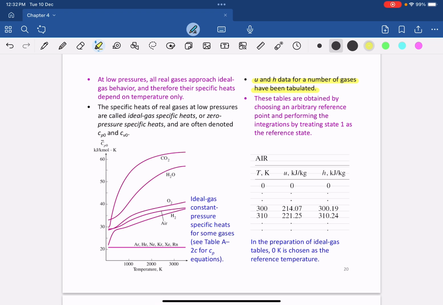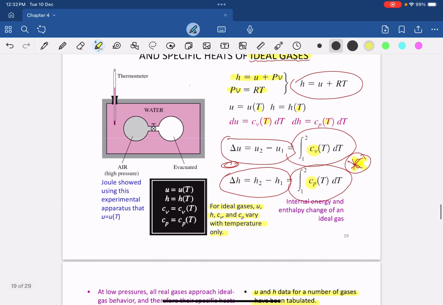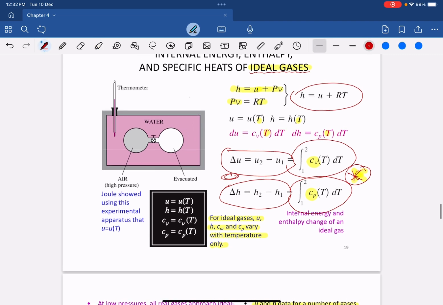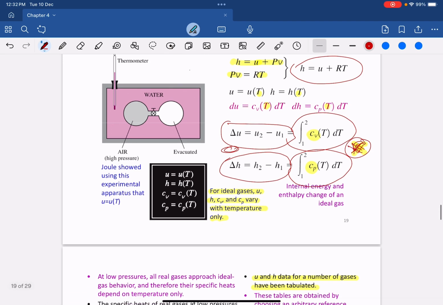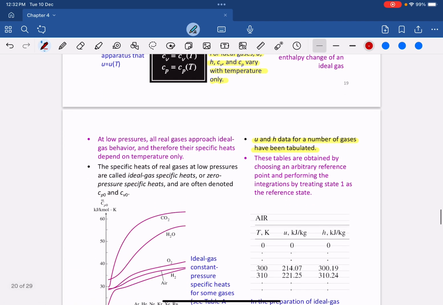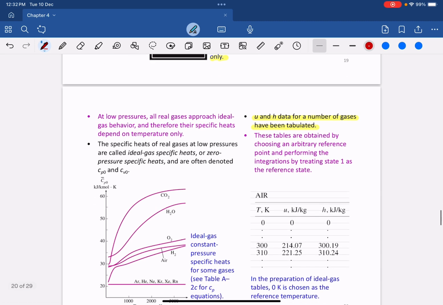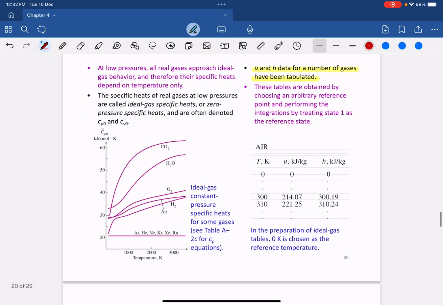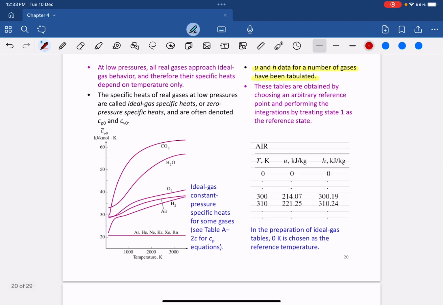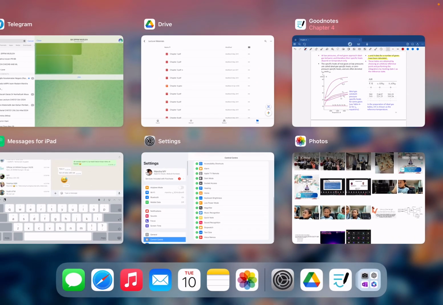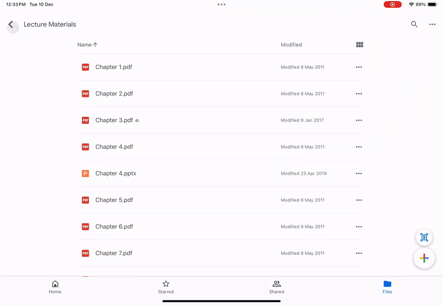This table is obtained by choosing an arbitrary reference point and performing integration from this equation. So scientists use this equation, do the integration, get the values, and tabulate the data in the property table. Let me try to show you.